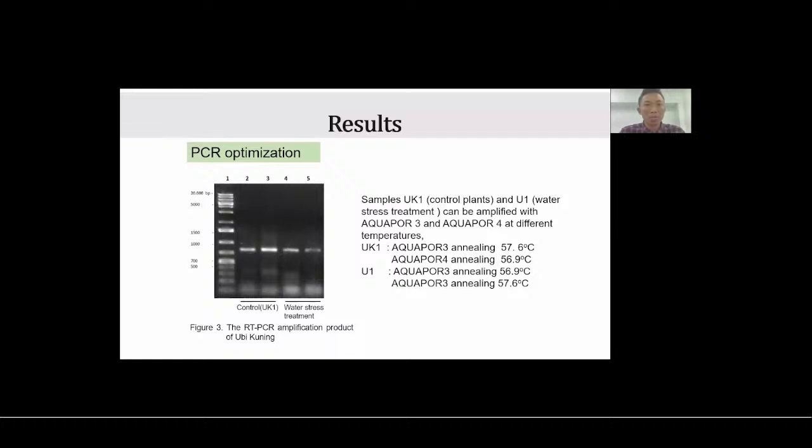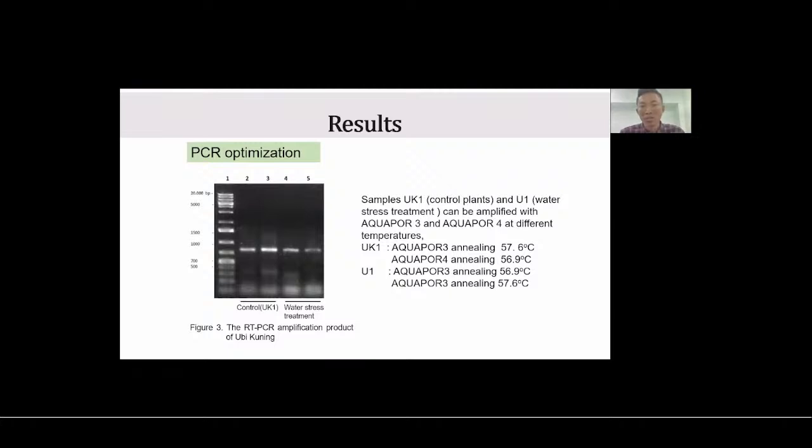For PCR amplification, the results showed samples UK1, the control plant, and U1, the water stress treatment, can be amplified with Aquafor 3 and Aquafor 4 at different temperatures. Figure 3 shows the amplification.